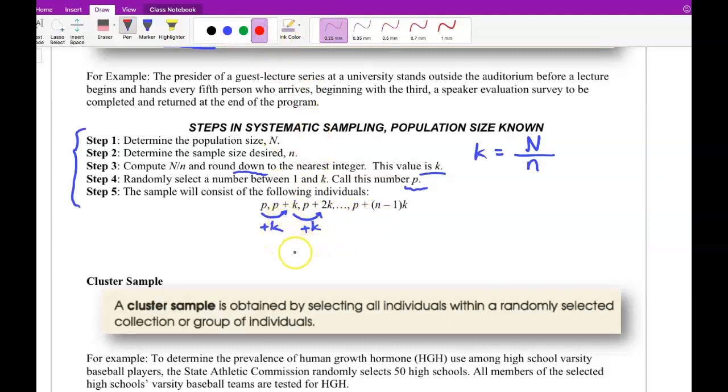So this part, I'm rewriting it. p plus k. Then we have p plus k plus k. That's how we got p plus 2k.